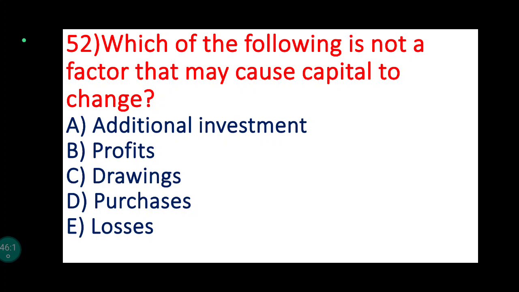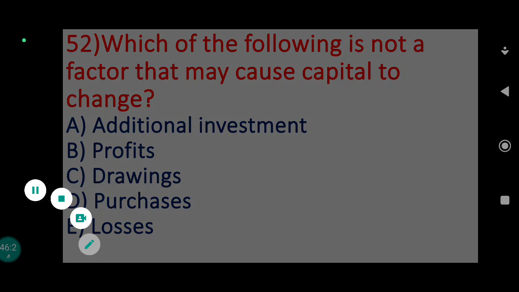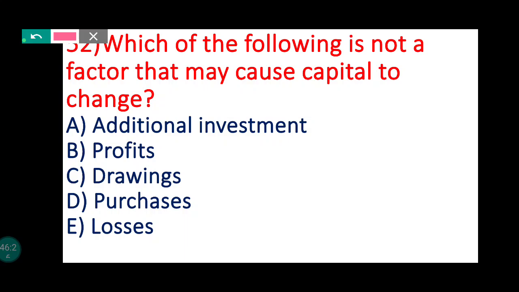52. Which of the following is not a factor that may cause capital to change? So here, purchases. See, the other points, additional investment, there is an increase in capital, profit increases capital, drawing we reduce from capital, loss we reduce from capital.